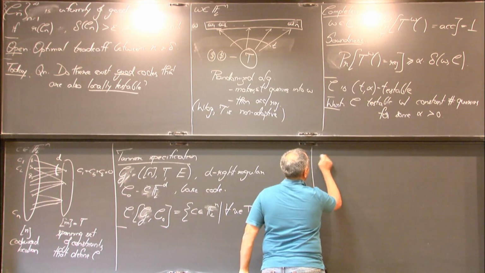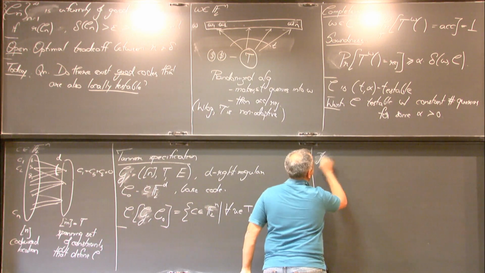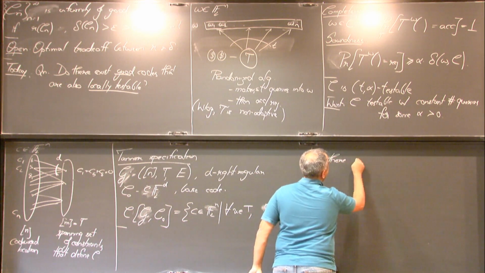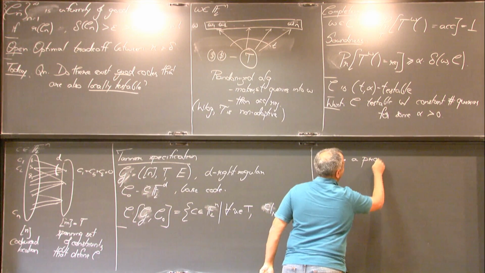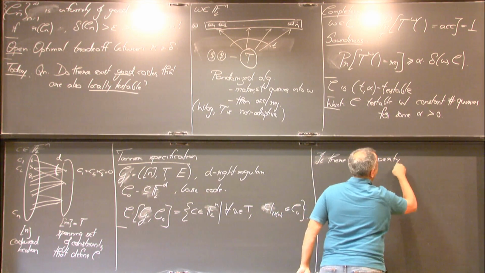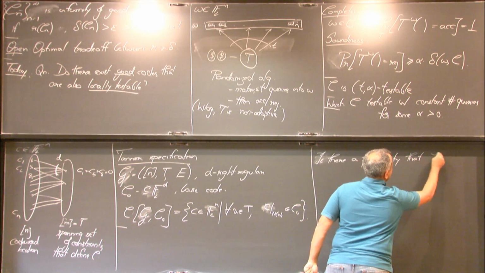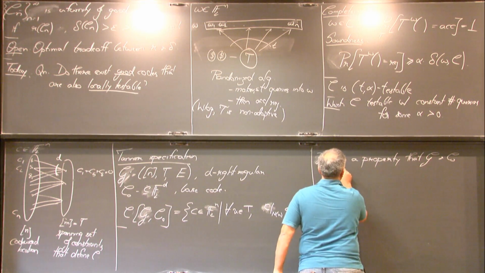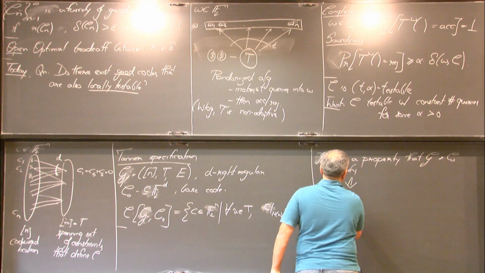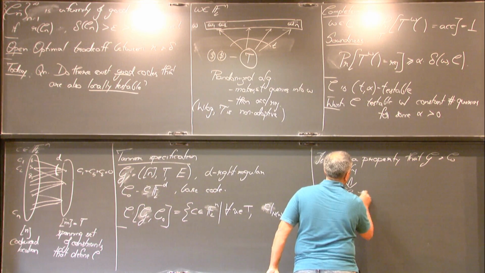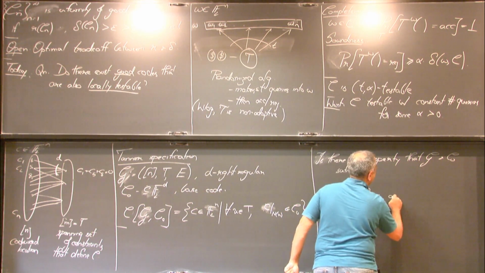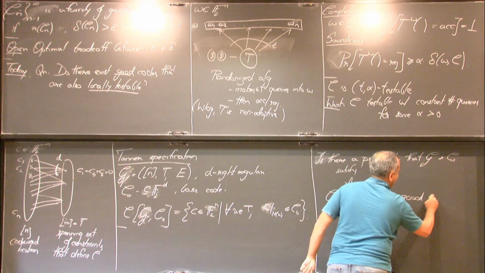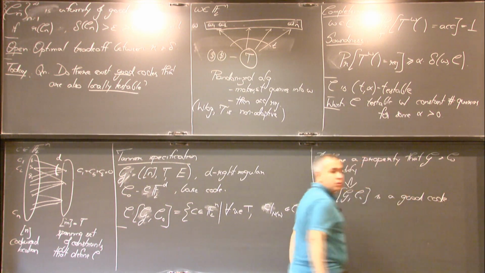So is there a property that G and C naught satisfy that implies C of G, C naught is a good code?